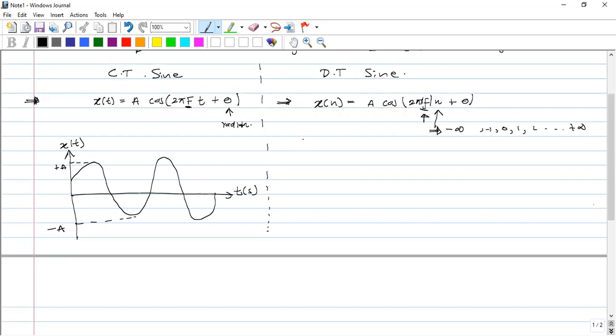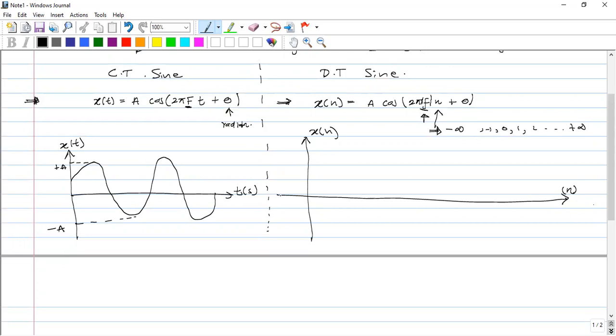Now if we draw the discrete time signal, this axis is n and here it is x[n]. So this is the discrete version of the signal.